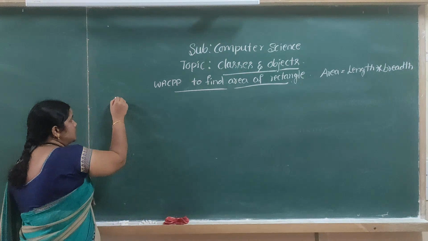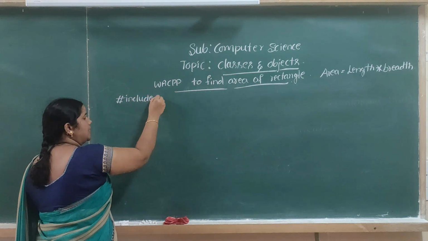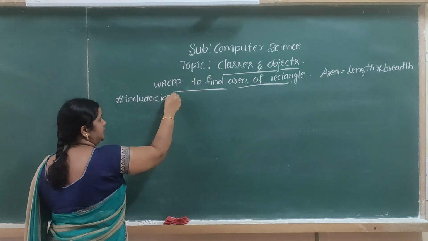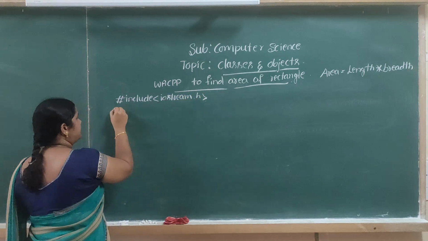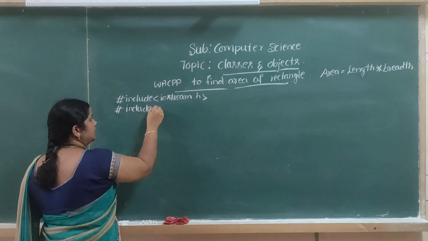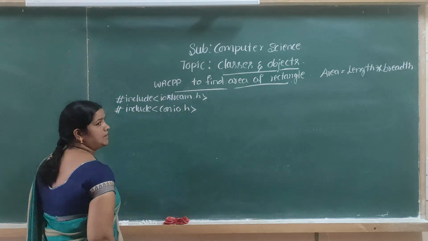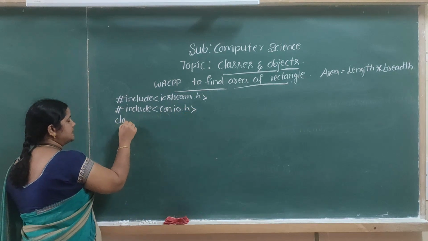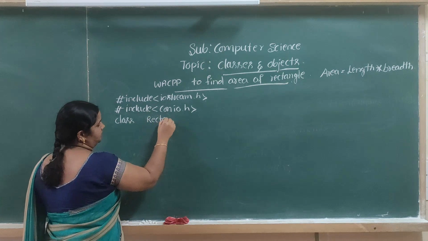First, we use the header files, hash include iostream.h and hash include conio.h. Next, we take a class, and the class name will be Rectangle.